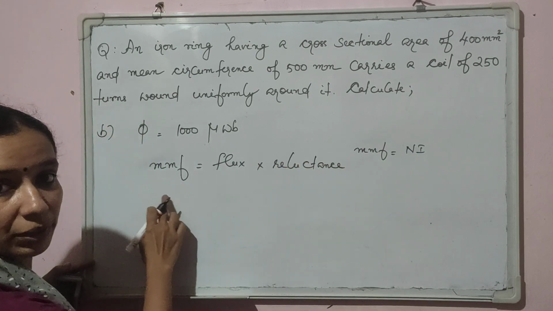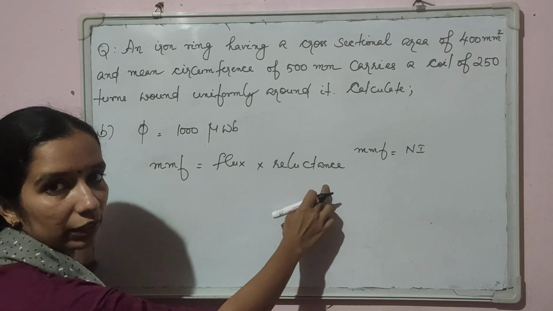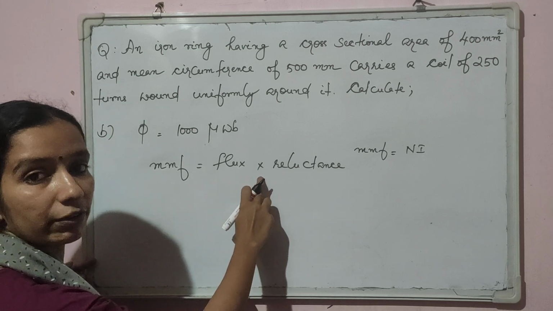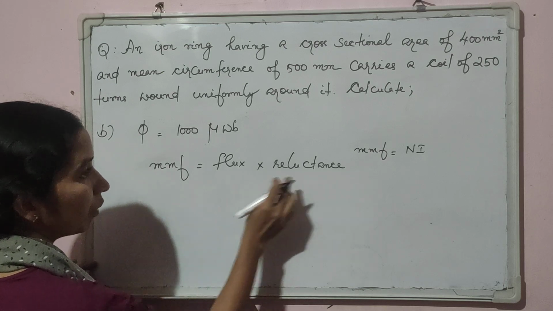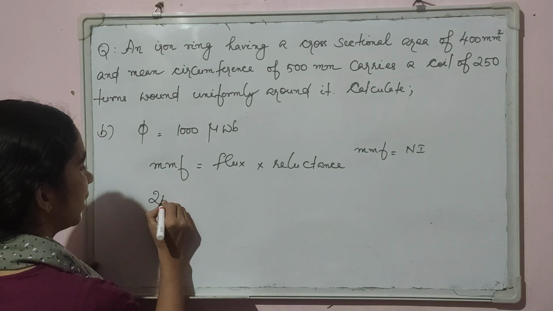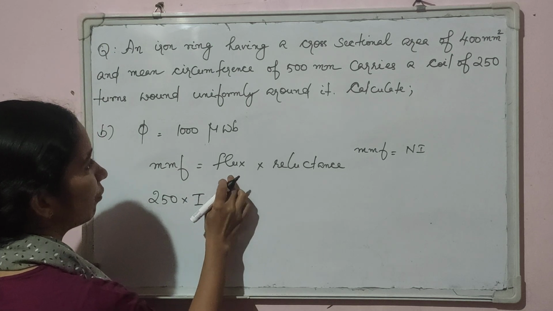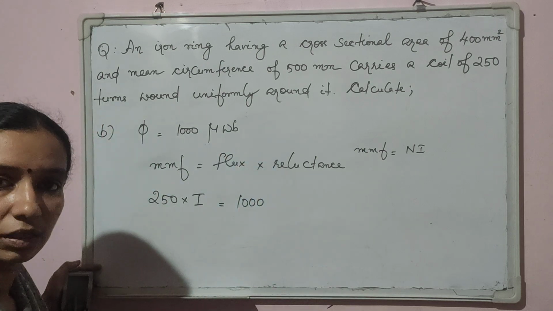In electrical circuit, EMF, voltage is equal to current into resistance, I into R. Similarly, in a magnetic circuit, MMF is equal to flux into reluctance. So here, MMF is N into I, that is N is 250 into I is unknown, which is equal to flux, given as 1000 microwebers.